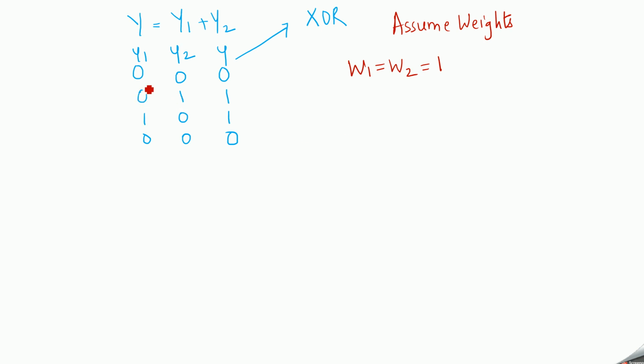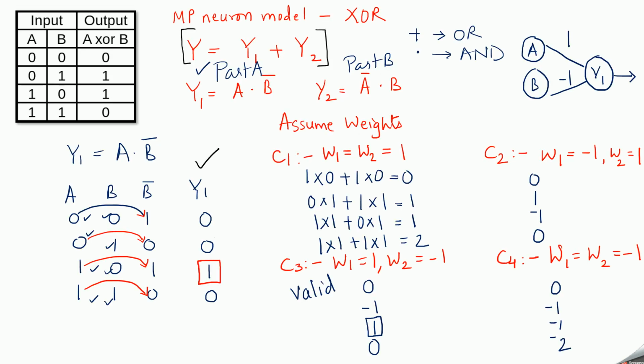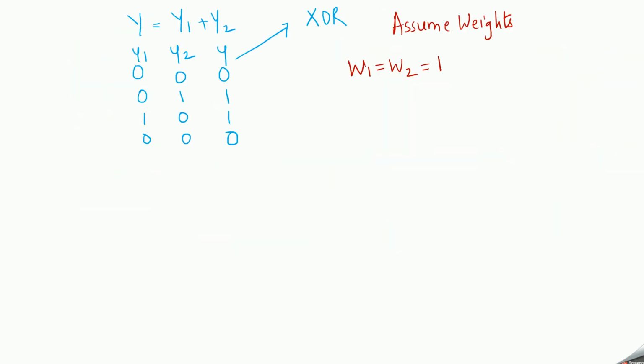Okay, so here, now what is the change over here is we'll consider these values of A and B as inputs.